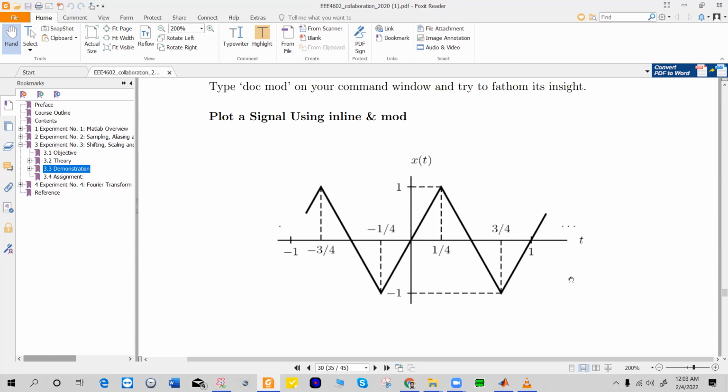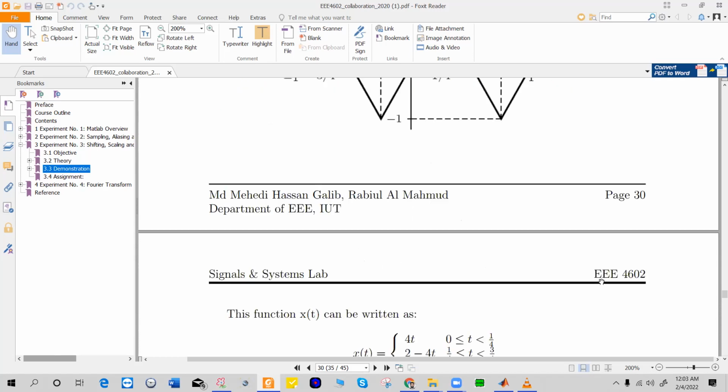Now this signal is defined with the help of an equation.